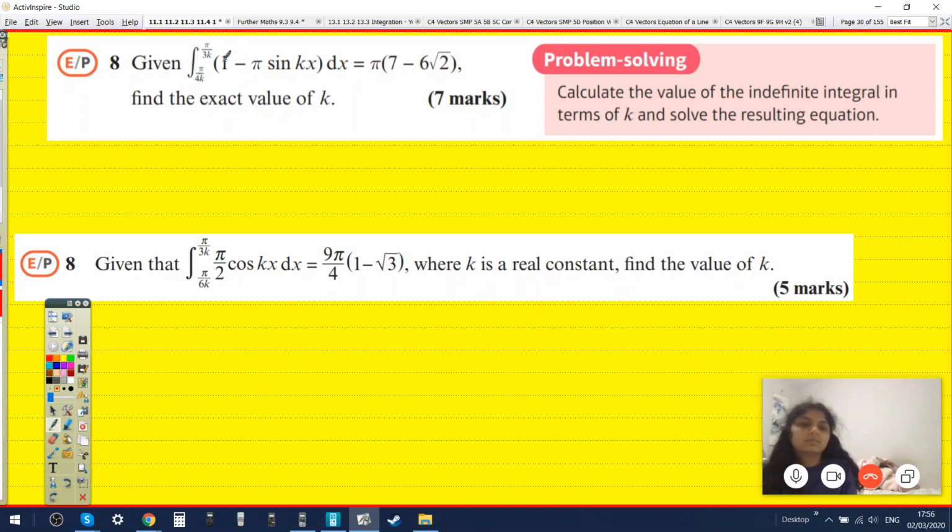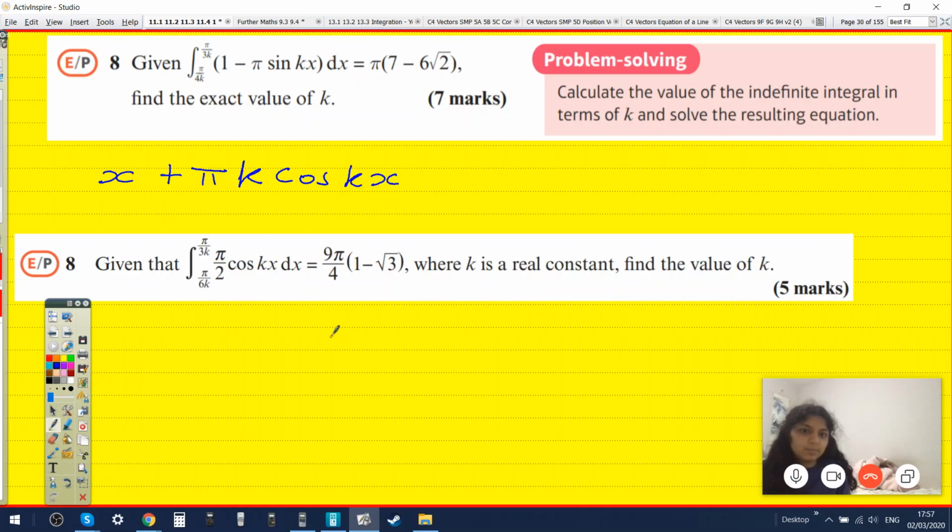Integrate 1. Integral of sine is minus cos. And so integral of minus sine is, okay, minus cos kx. So that will be plus pi k cos x. Wouldn't you have pi k cos kx?